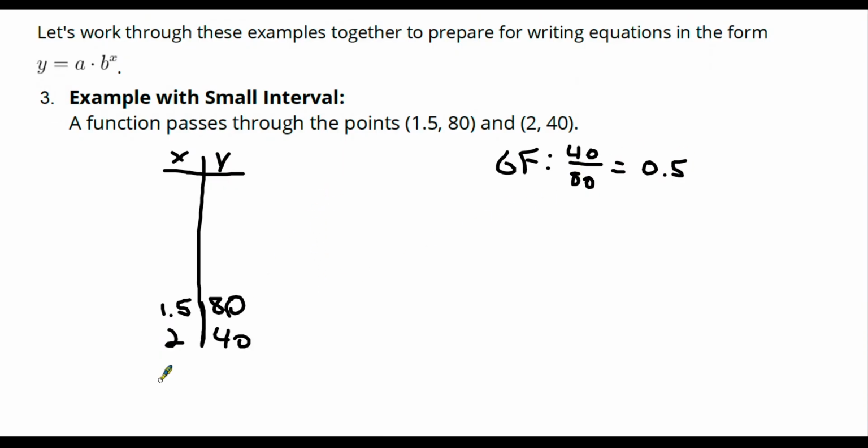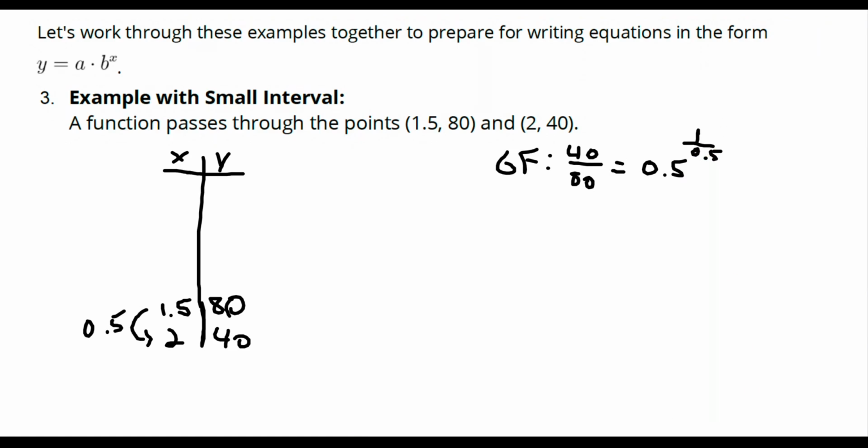But I need my growth factor over an interval of 1. This is an interval of 0.5, right? I'm just increasing by 0.5 to go from 1.5 to 2. So that means I need to take this value and raise it to the 1 over whatever this difference is. So the 1 over 0.5.